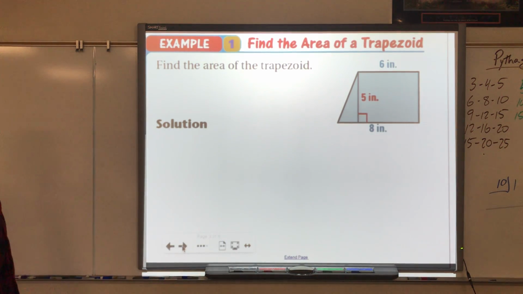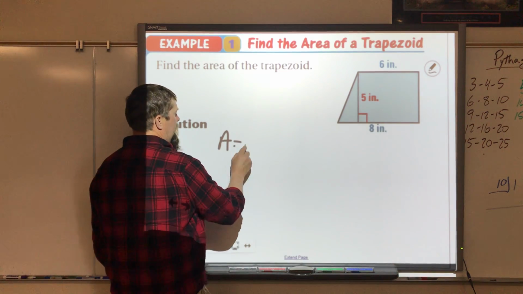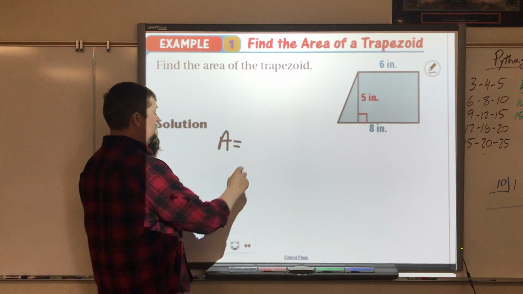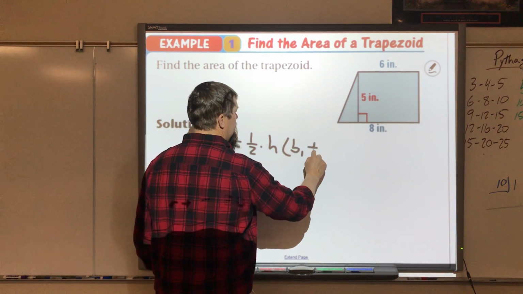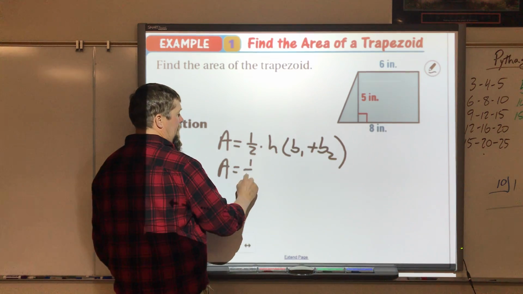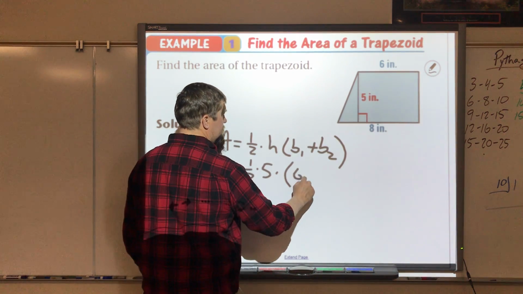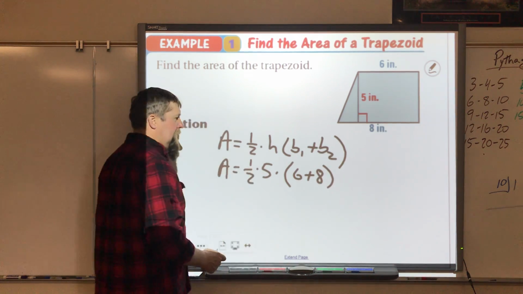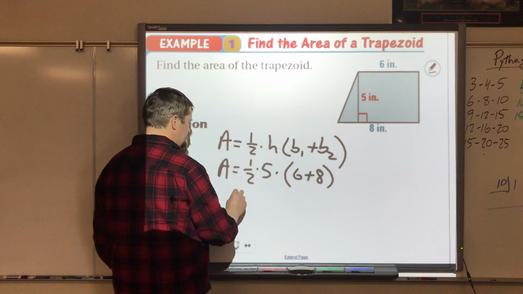Find the area of a trapezoid. In this case, we have area. Always write down the formula first. 1/2 times h times b1 plus b2. Area equals 1/2 times 5 times 6 plus 8. And again, we always want to do what's inside the parentheses first.